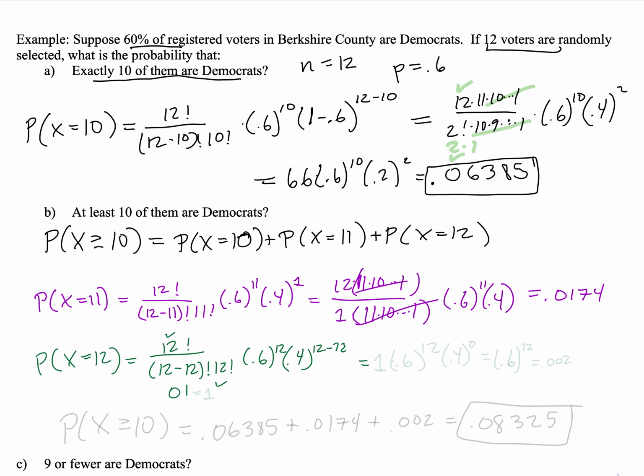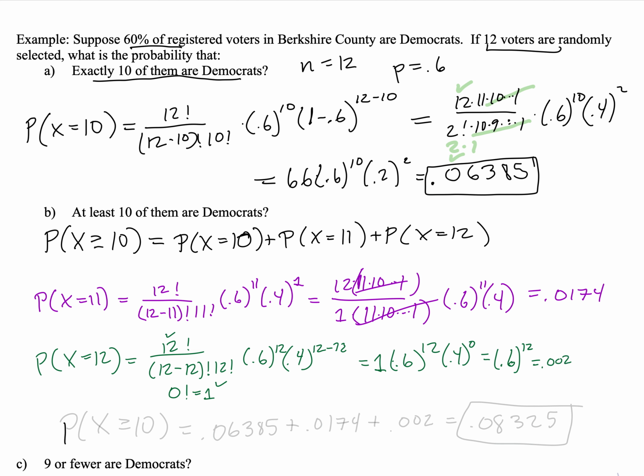This is 0 factorial, and 0 factorial is also defined to be 1. So this is just 1 times 0.6 to the 12th power times 0.4 to the 0th power. Anything to the 0th power is also 1. So this is just 0.6 to the 12th power, which is 0.002.